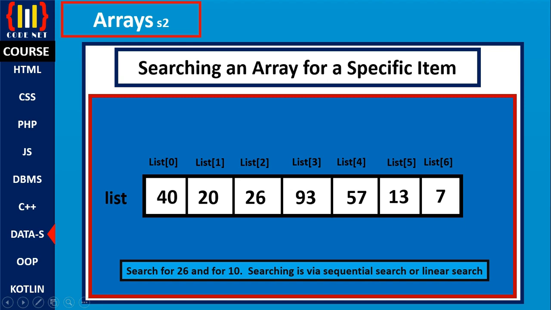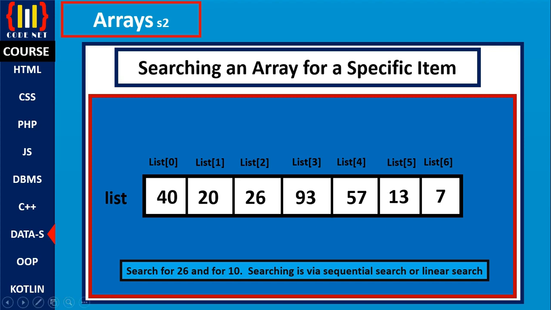But what if we were asked now to search for 26 inside this array? What will happen? Please get this clearly: when it comes to searching for an item, the searching of an array is based on a sequential search or a linear search, which is all the same, because sequential and linear are both going towards one thing.